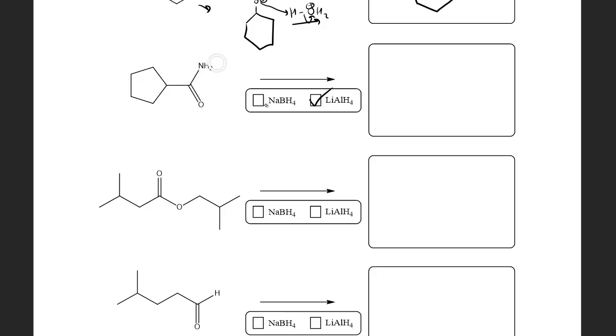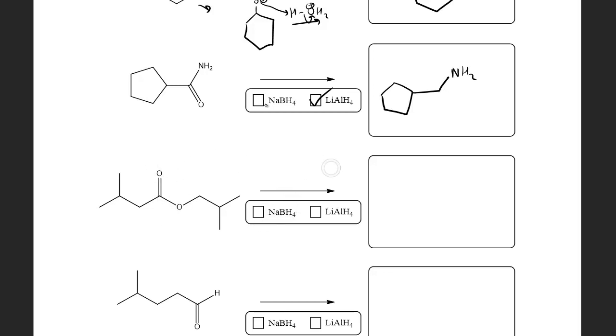So that's one major difference if we have our amide, and remember that nitrogen-carbon bond is the strongest of all of our carboxylic acid derivatives. So here we have our cyclopentane ring, and now that carbon double bond oxygen that was there is now a CH2, and we still have our NH2.